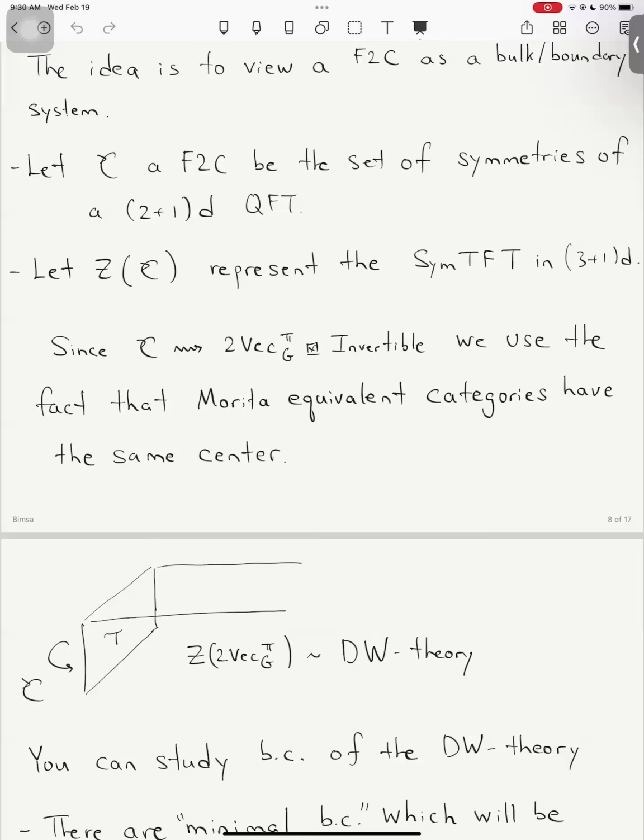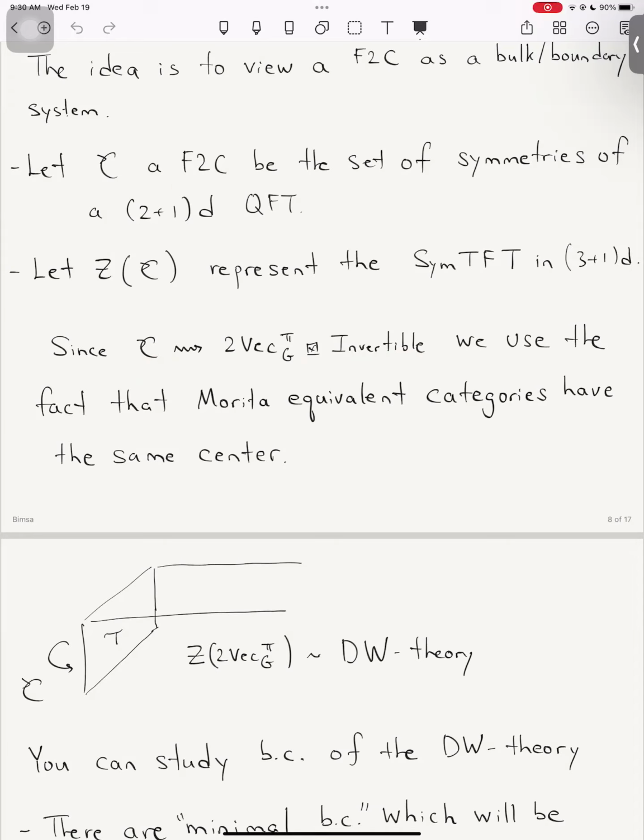Right. So since C is Morita equivalent to this guy, we can use the fact that if you're Morita equivalent, then you have the same centers, right? So I can do manipulations on the boundary, but still maintain the same bulk, which is just saying that the bulk admits different types of boundaries, and the things on the boundaries are related by invertible bimodules.